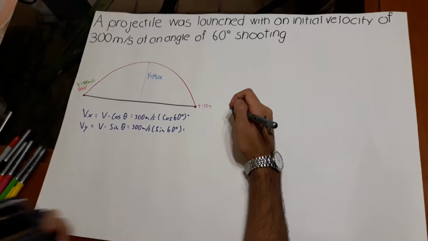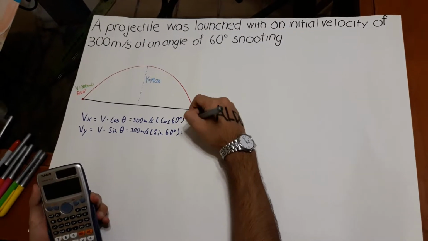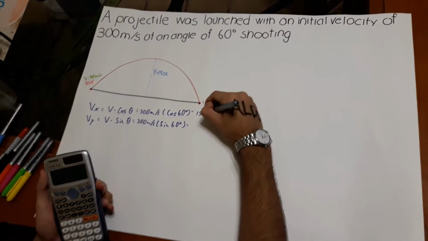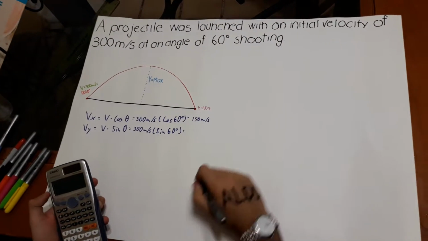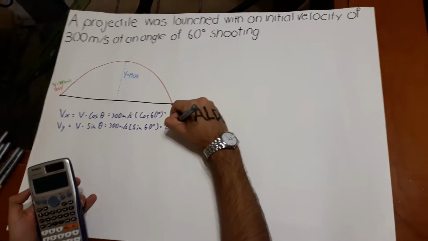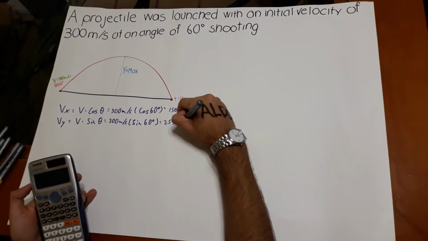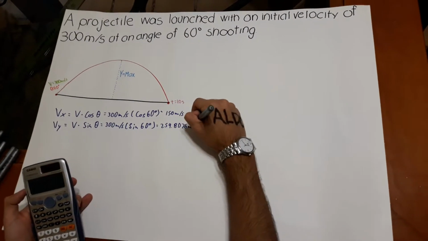The result of the velocity on x will be 150 meters per second, and in y it will be 259.8076 meters per second.